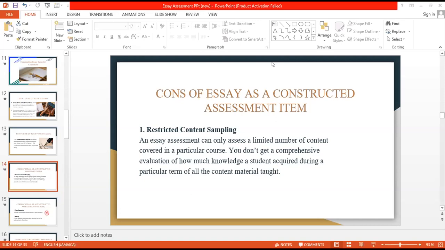You get me? So it does apply in both instances, depending on the amount of content covered. Okay, moving on.